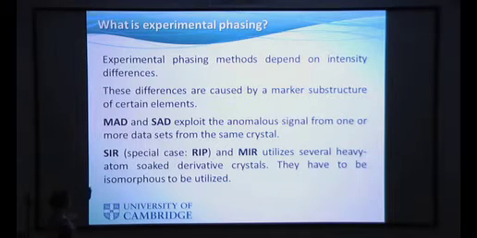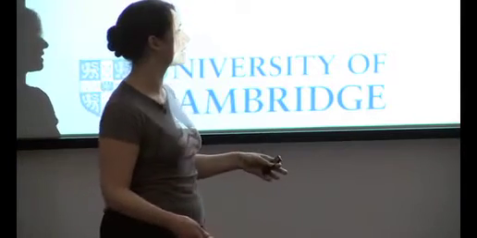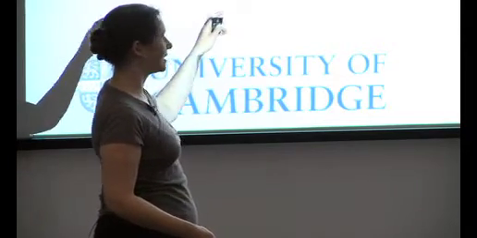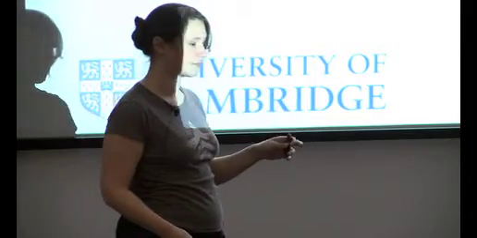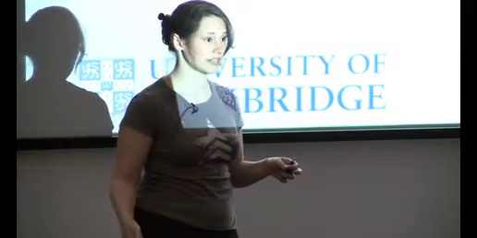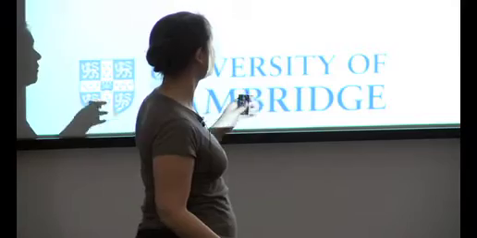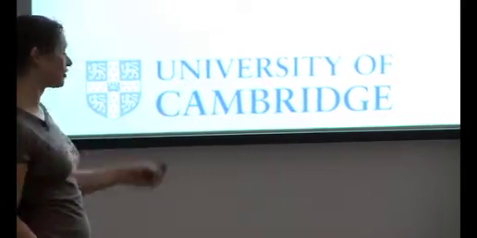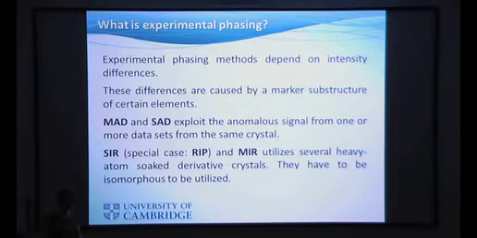SIR and MIR methods utilize several heavy-atom-soaked derivative crystals, so more than one crystal is required. RIP is a special case where you have the same crystal before and after radiation damage, but the method works similarly to SIR. The crystals, however, have to be isomorphous, so their main compound, their lattice packing, their lattice and their symmetry have to be very similar.